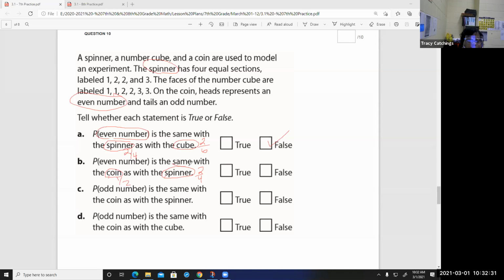Would you say they're the same? Why do you say yes? 2/4 simplifies to 1/2. All right, C says the probability of an odd number is the same on a coin as it is on the spinner. What's the chance of odd on the coin? The coin only has 2 options.